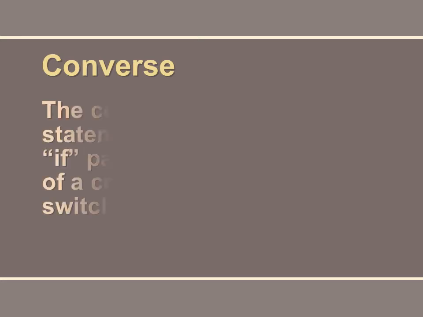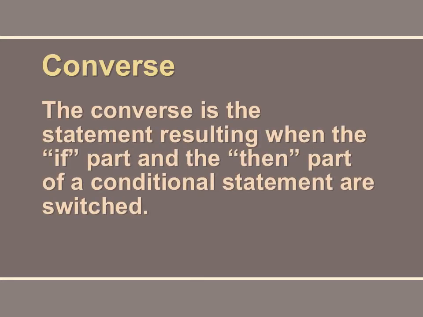Let's talk about what a converse is. A converse is a statement when you switch the if and the then parts of a conditional statement. So you take a theorem, like our Pythagorean theorem, that said if a right triangle had hypotenuse A and legs B and C, then A squared plus B squared equals C squared.